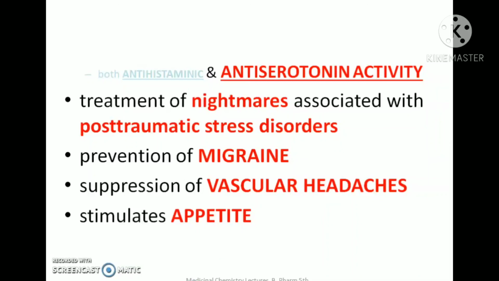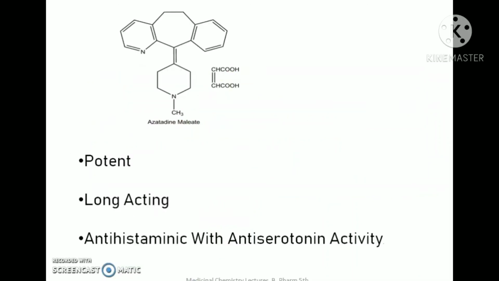And because of its anti-serotonin activity, it is used for the treatment or prevention of migraine, suppression of vascular headaches, and they also stimulate appetite. So that's all about the first generation antihistamines. In the next video we'll be seeing about the second generation antihistamines. So thank you all.